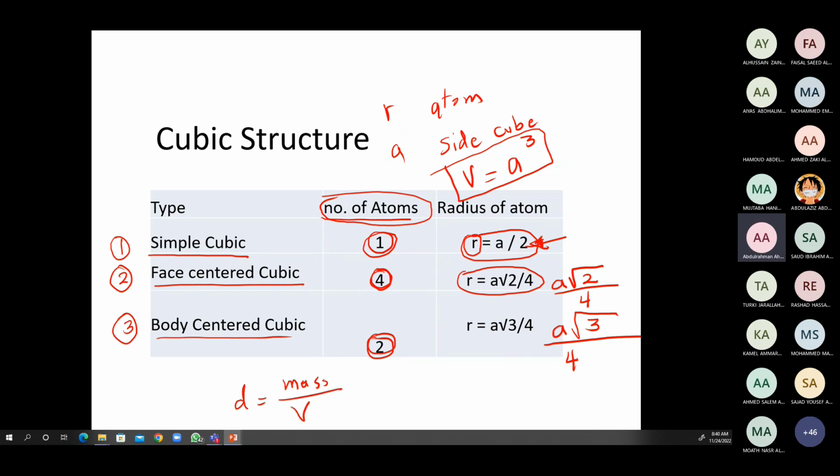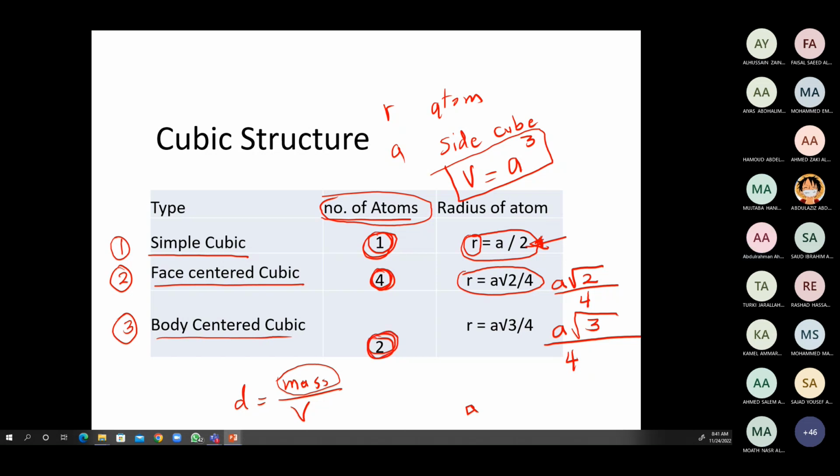So if I give you A, can you calculate the volume? Yes. If you know the mass. How can you tell what's the mass in the cube? By the number of atoms, exactly.